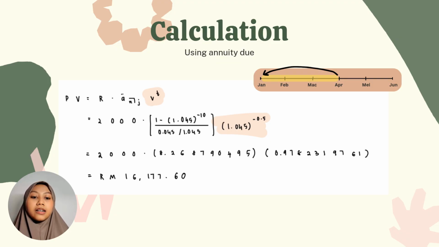The R that we got from the question is 2000, multiplied by 1 minus 1.045 power of negative 10, over 0.045 over 1.045, multiplied by 1.045 power of negative 0.5. We plug this value into the calculator and we will get the answer. The PV on January 1st is RM60,177.60.